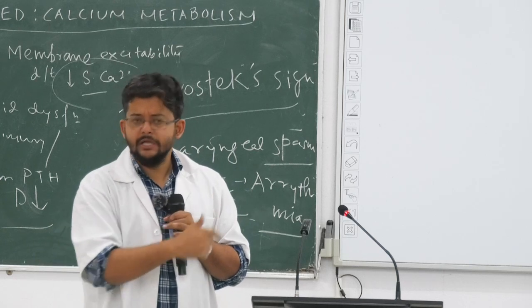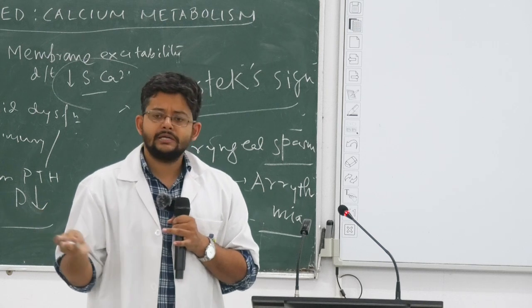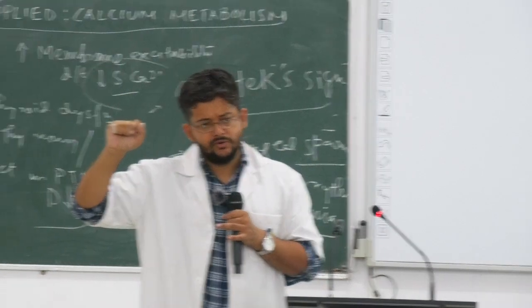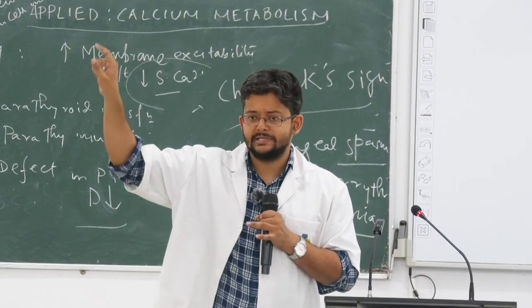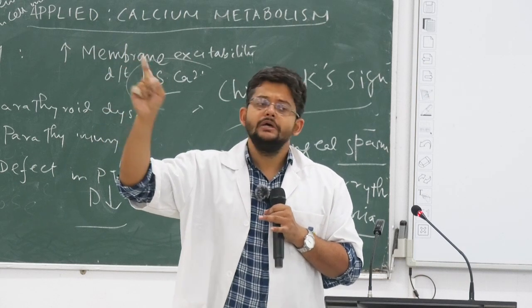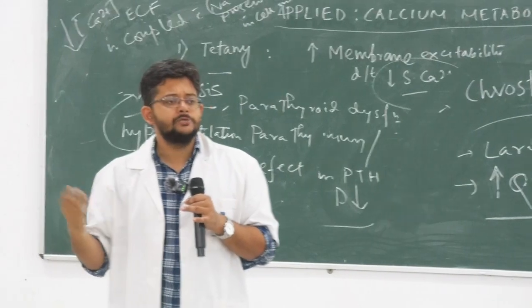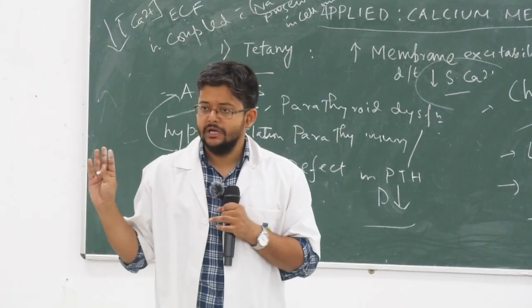Whatever is happening, QT prolongation, it is a matter of seconds to minutes to hours, that's it. A person going on for months with QT prolongation is very difficult, it won't happen. Before that something will happen, either he will be cured or he will be on the other side. Similarly, these spasms, somebody having spasm for 2 years is not possible; these are acute manifestations.